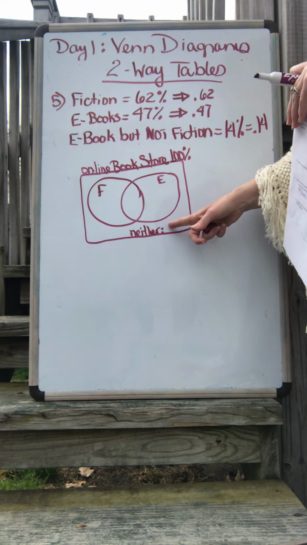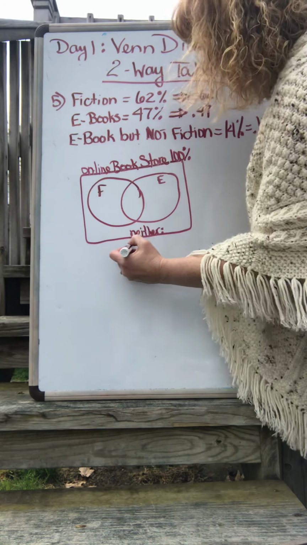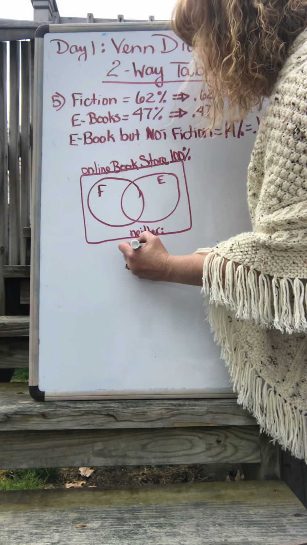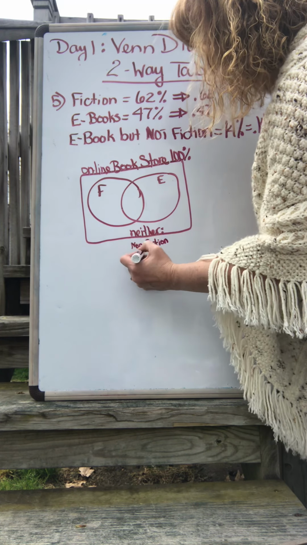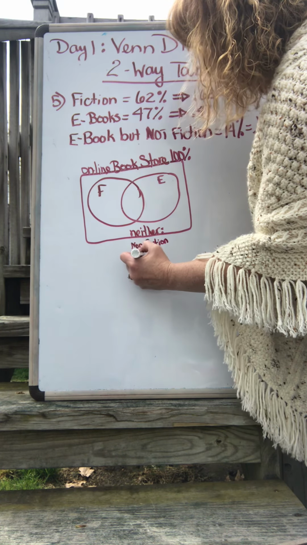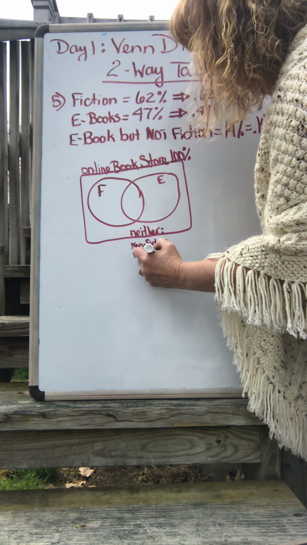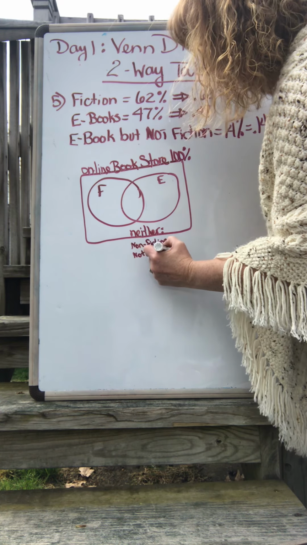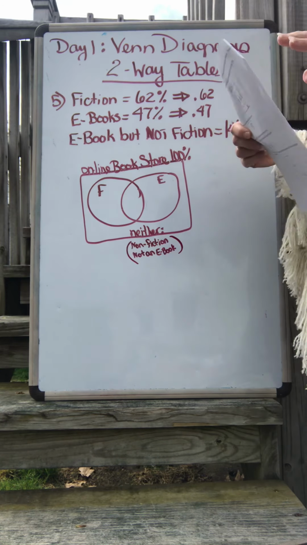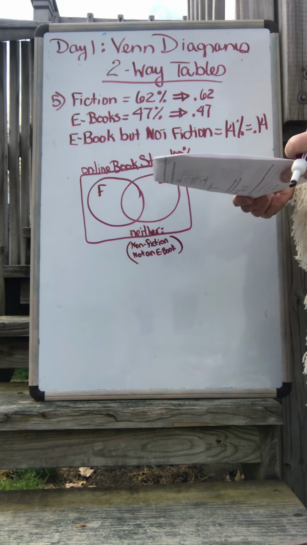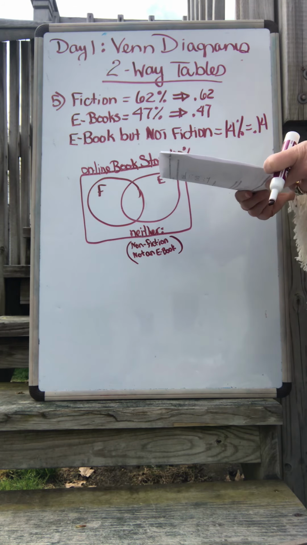So down here, this neither is nonfiction and not an ebook, because they still sell real paper books, even online. So that's what the neither is talking about, and we need to think about that.